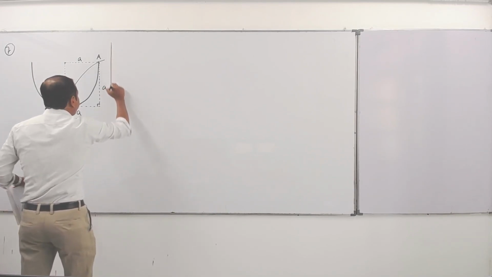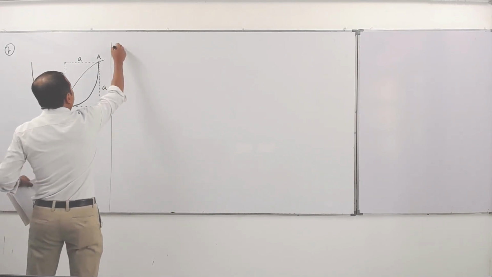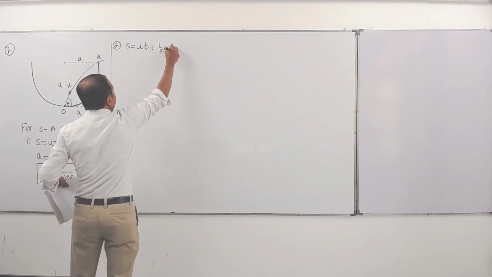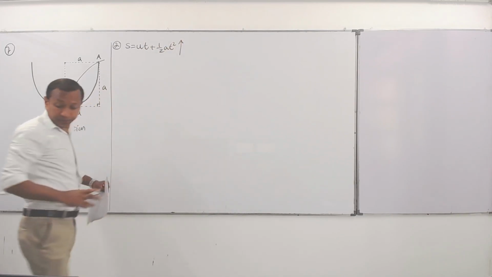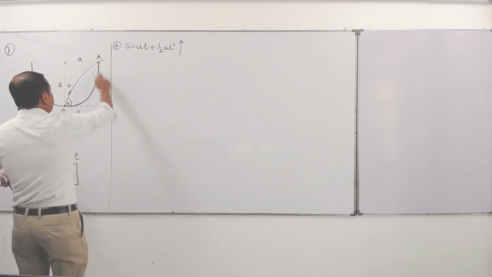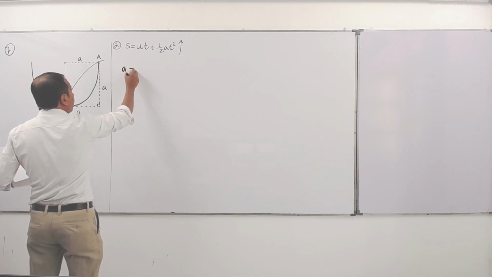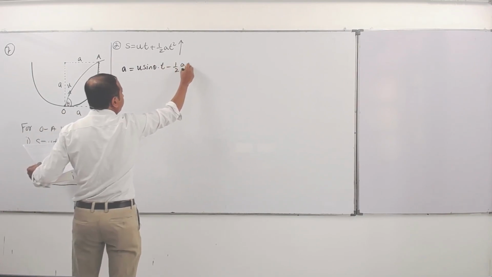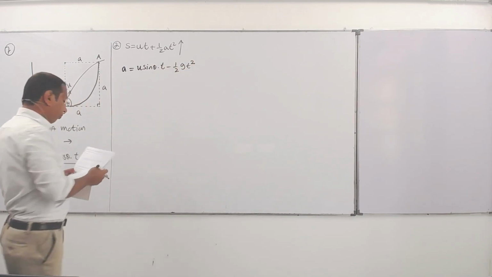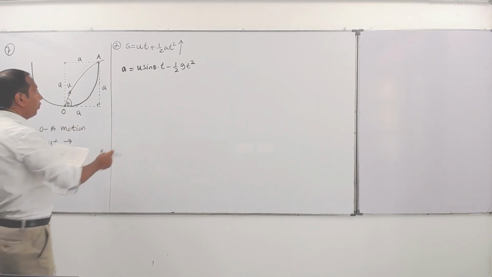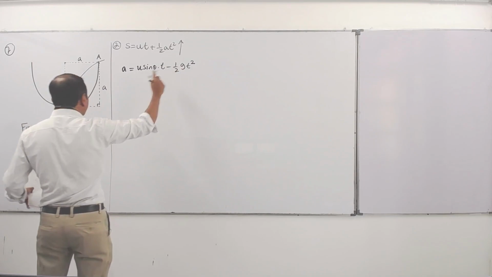Now we apply s equals ut plus half at squared vertically upwards. Then there we can find another equation. s is this A, u sin theta times t minus half g t squared coming. Correct, no? Right. Now we can substitute for this t from this answer.